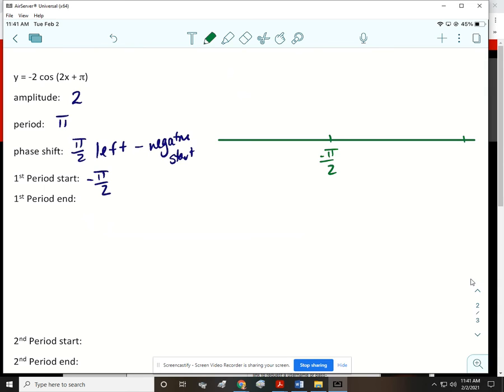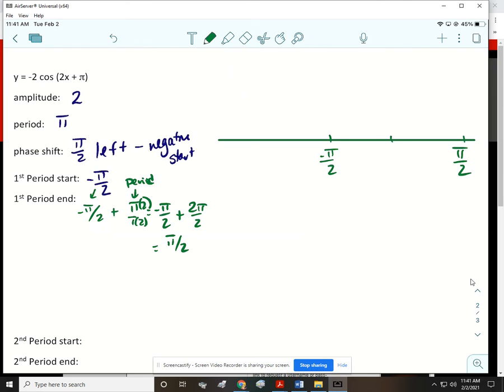Alright, and then to find the end of it, I'm going to take that negative pi over 2. I'm going to add the period to it. Okay. Now I do need a common denominator, which is going to be 2. Alright, so positive pi over 2 is going to be the end point.